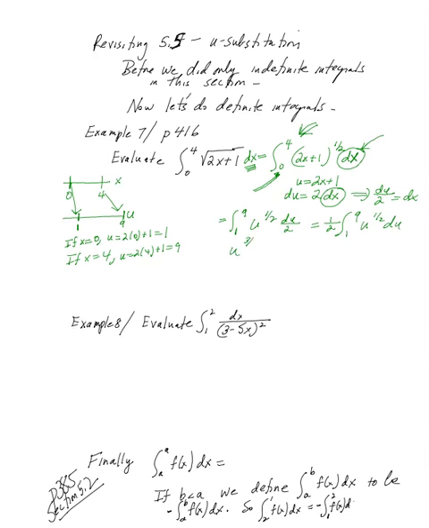That's u to the 3/2 over 3/2. I evaluate that from 1 to 9. But I can't forget there's a 1/2 out here. So that's 1/2 times, to divide by 3/2 is to multiply by 2/3. So instead of dividing by 3/2, I'm multiplying by 2/3.